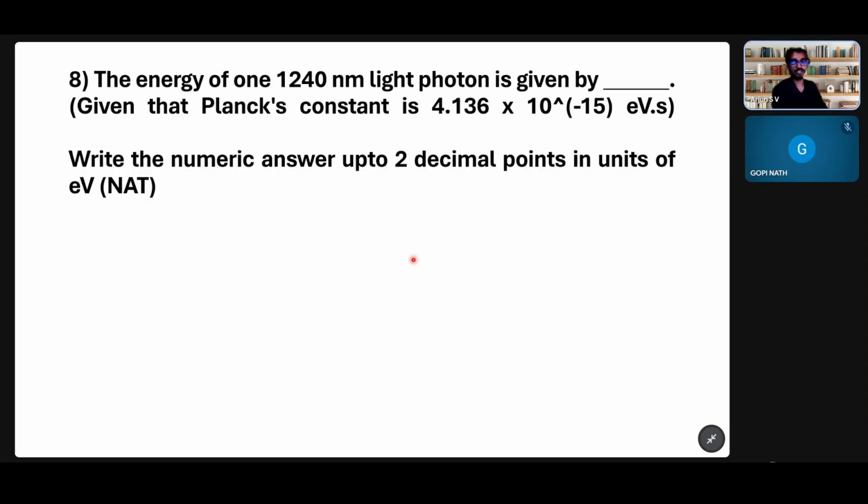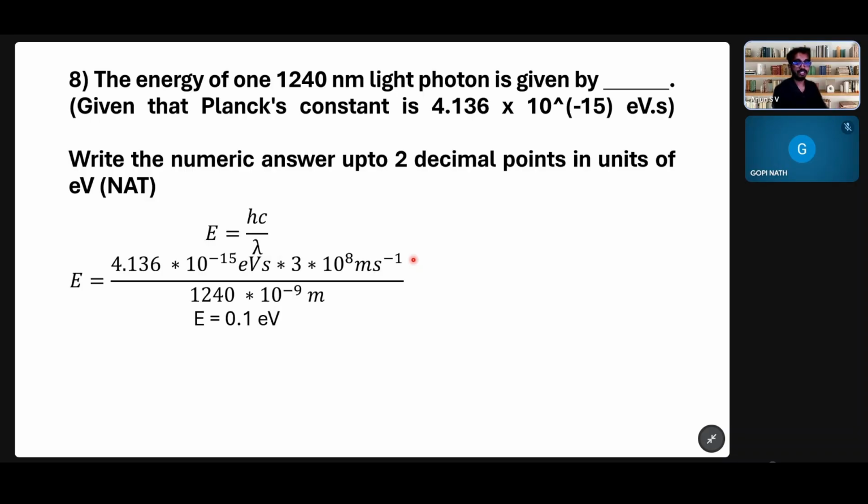We just have to substitute the known values into the formula E equals hc by lambda. We already have Planck's constant, we know c, and we know the lambda value, which is given here. So we substitute everything and get the energy, which will fall between 0.99 and 1.01.